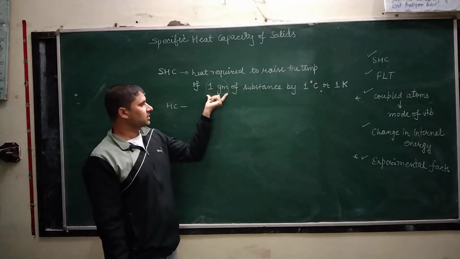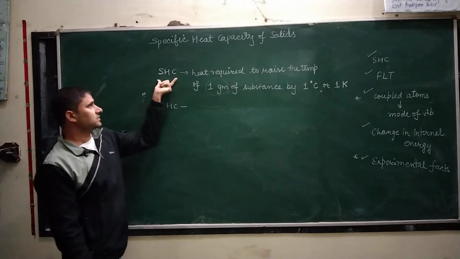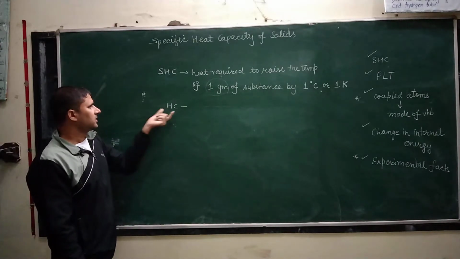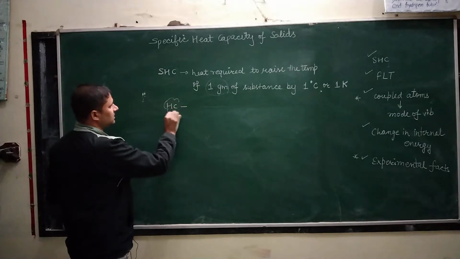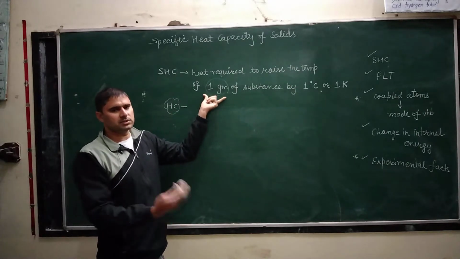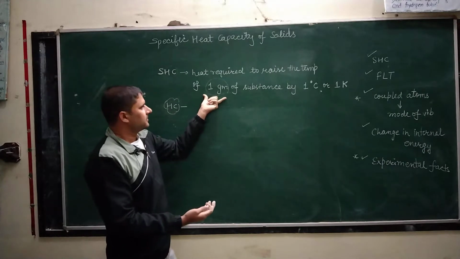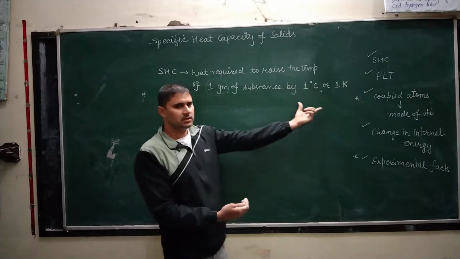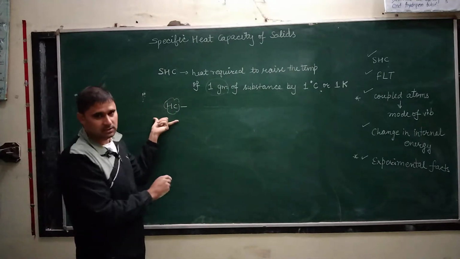Here if it is 1 gram, then it is specific heat capacity of that particular substance. And if we talk of heat capacity, then we have any arbitrary amount of substance. Okay, and to raise the temperature of that amount of substance by 1 degree, that is the heat capacity.